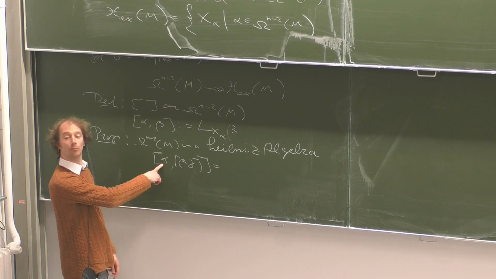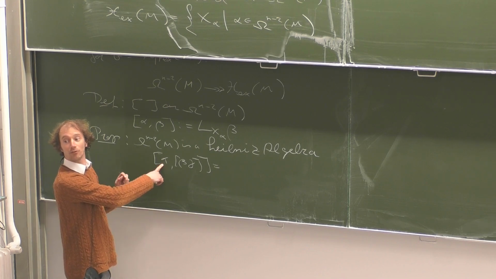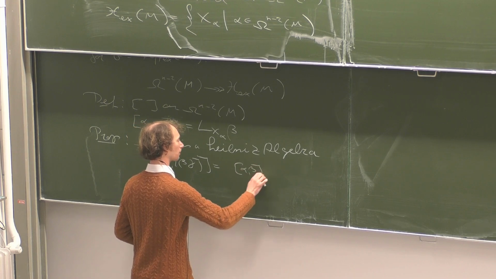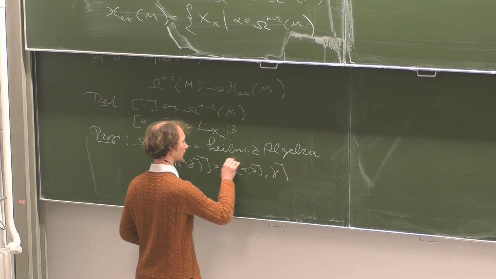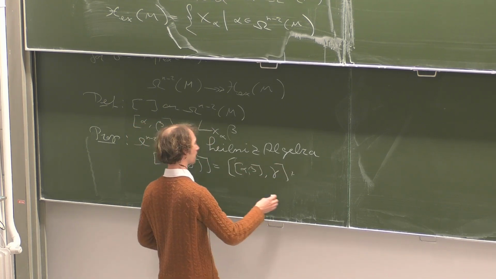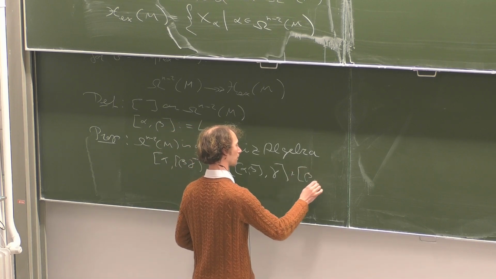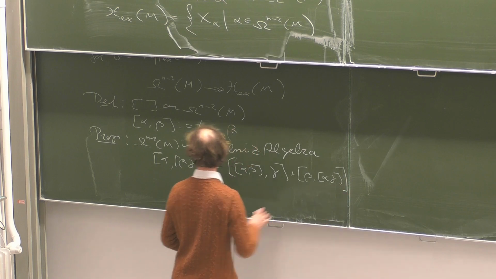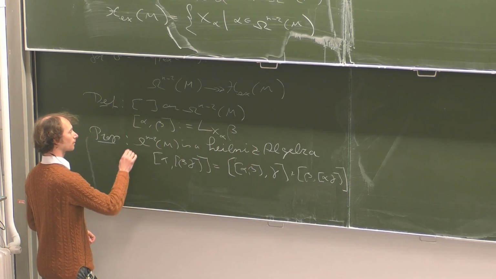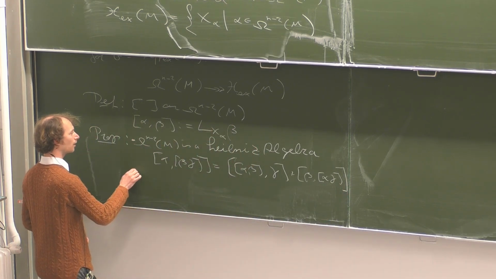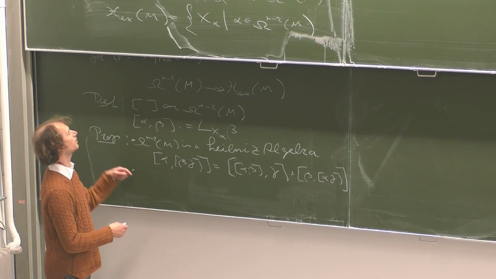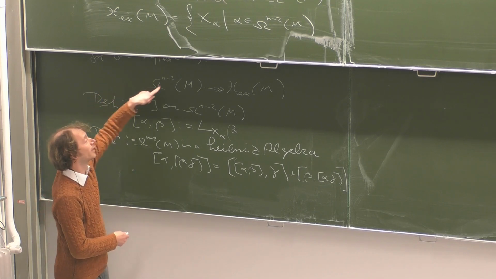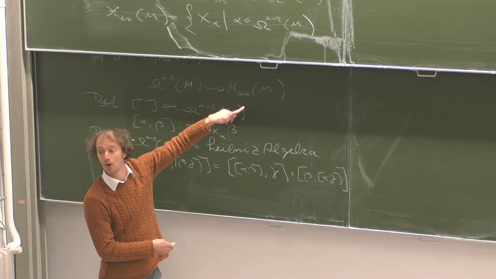You consider taking the bracket with alpha as a derivation. So this is true, and if we put this Leibniz bracket on this topological vector space, then this map becomes a morphism of Leibniz algebras.